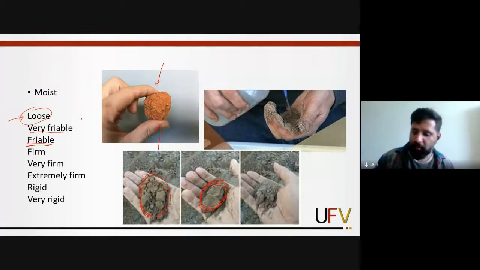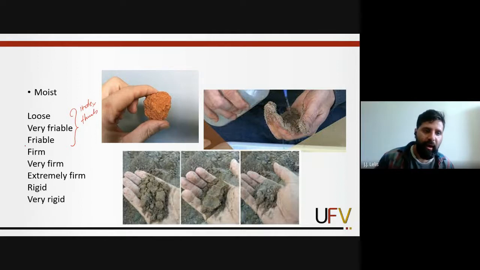Okay? So again, if I can break the pad, the aggregation, using my index and thumb fingers, I should choose one of these three classes. If the material doesn't get together again when I pressure it in my hand, we have a loosey consistency.